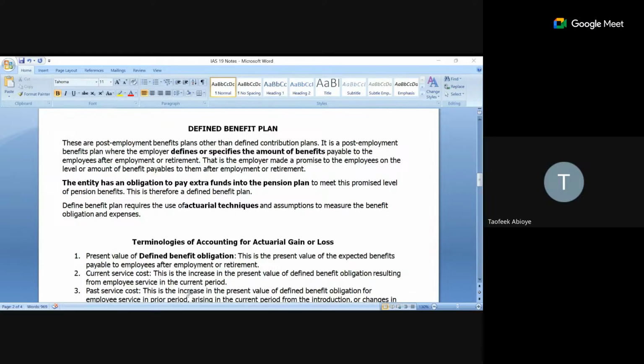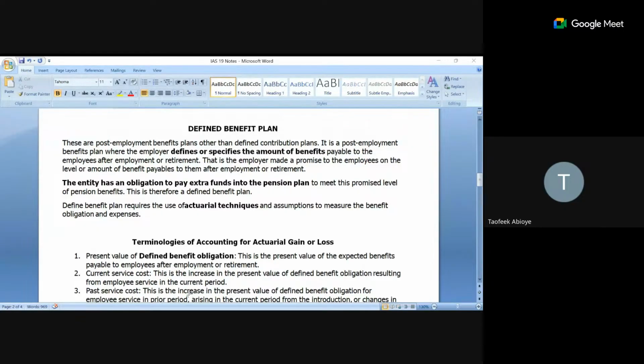So actuarial technique is just like a provision, a plan for how we are going to settle these people. When we are talking about a defined contribution plan, there is nothing like planning.